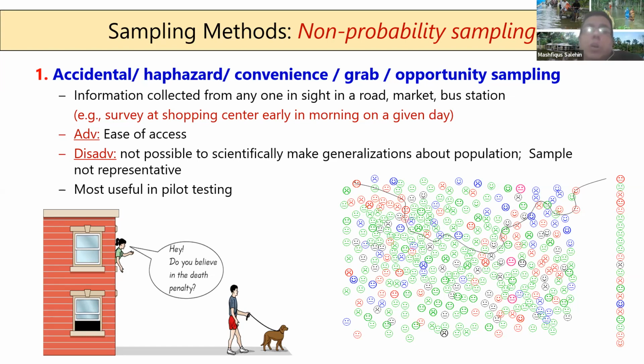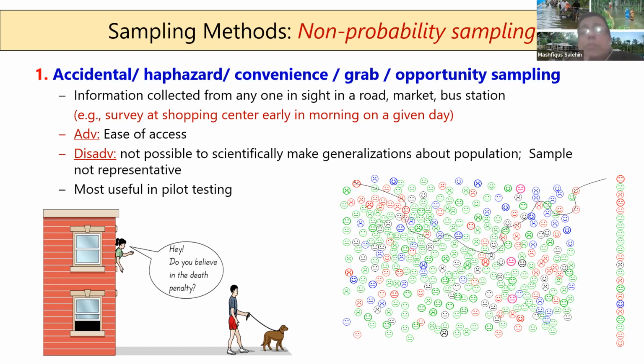You can just go to the shopping center, stay at the gate and ask people who go in, or maybe who come out. That kind of survey is basically what we call accidental survey, or grab sampling or convenience sampling. It's very easy to get access to your respondents, but you cannot really make any generalizations about your population. So it will be difficult to make any strong inference.